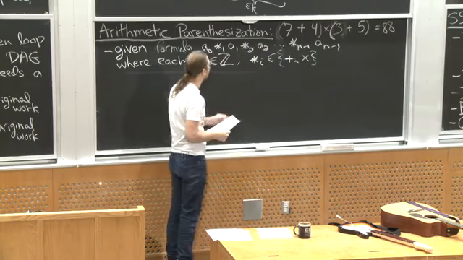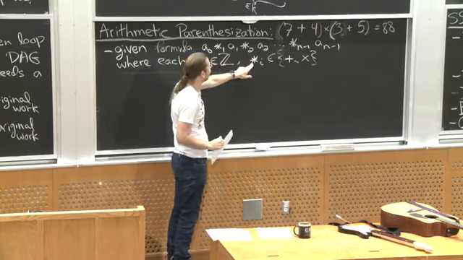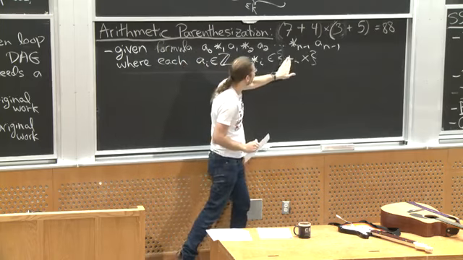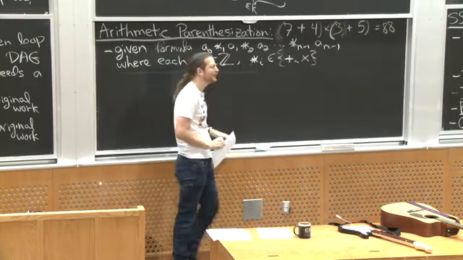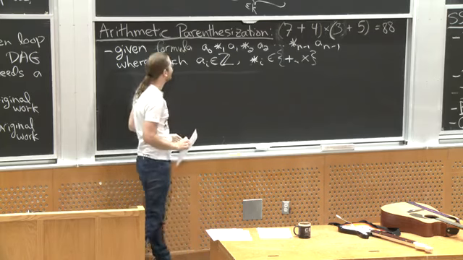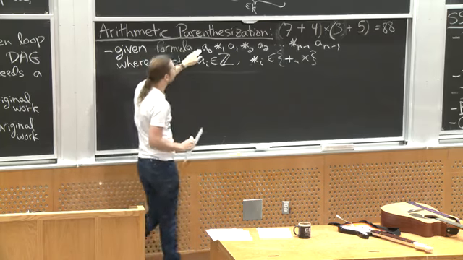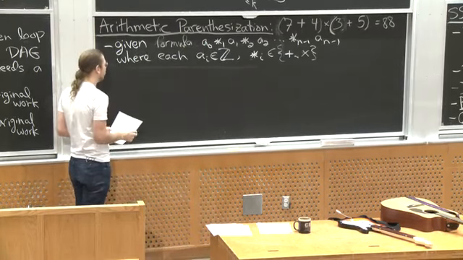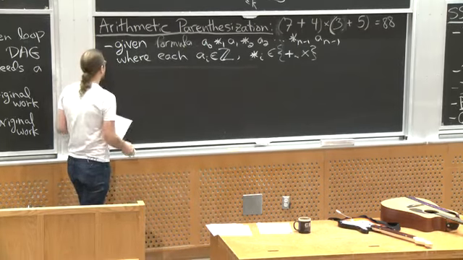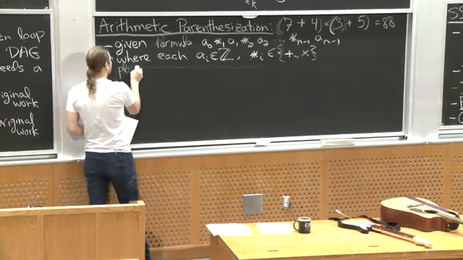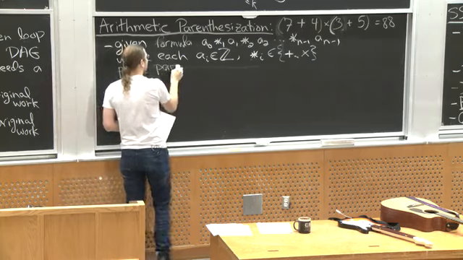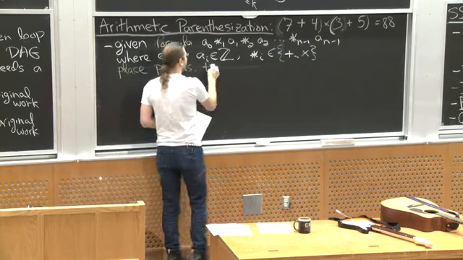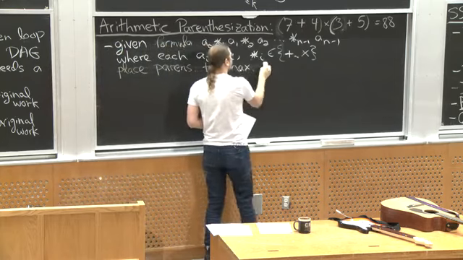I'm using star as a generic operator. I chose star because it is the superposition of a star on top of a times symbol. So it's clear. You're given some formula, any mixture of plus and times that you like, involving n integers. And your goal is to place parentheses to maximize the result.